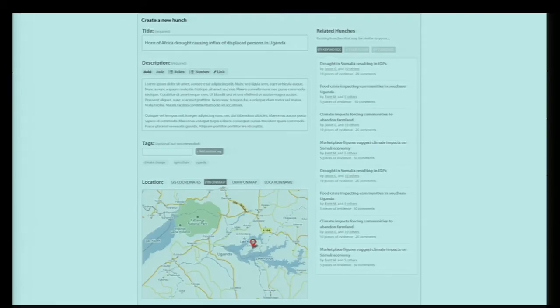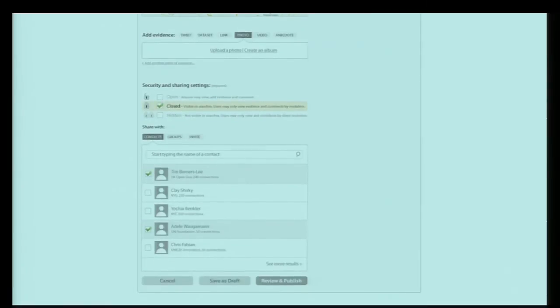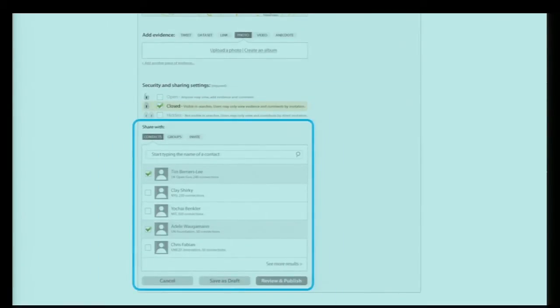As we're looking at the HunchWorks system, one of the most important parts is going to be, when you're creating a new hunch, the ability to choose people and connect people, and actually have the system actively parse the metadata of the hunch to tell you who should be connected to it, who might have knowledge to help with this particular hunch, contribute evidence to it and advance it forward.